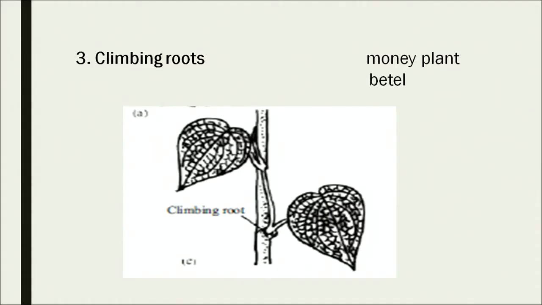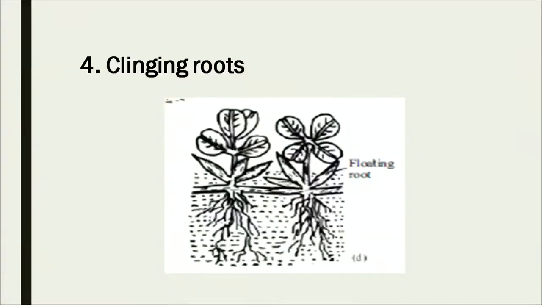So these are the climbing roots, and they generally develop in the weak stems where the plant needs extra support to climb on any of the supports available. So next is the clinging roots, and then modification for buoyancy and respiration.